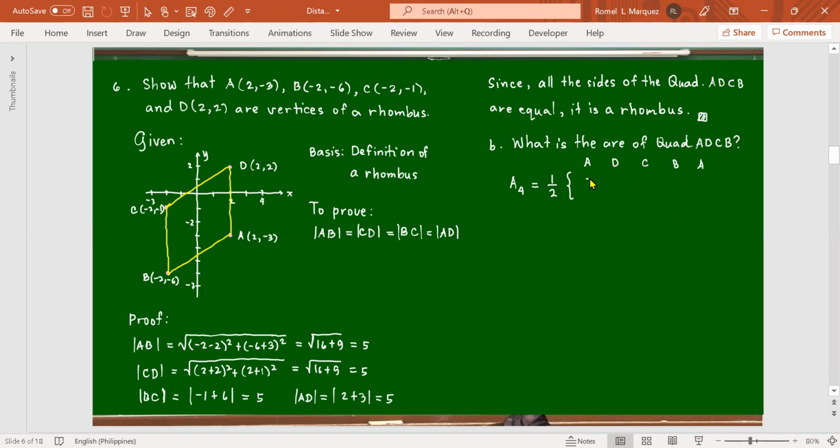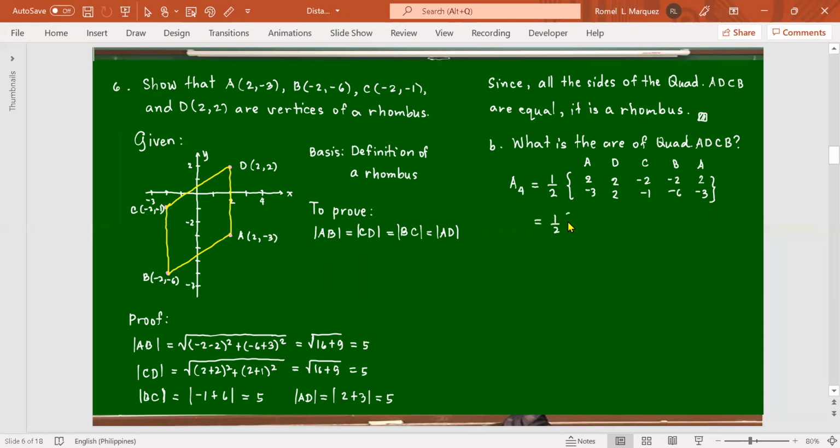So we have 2, -3, 2, 2, -2, 1, -1 I mean, -2, -6, then going back to 2, -3. Am I right, guys?